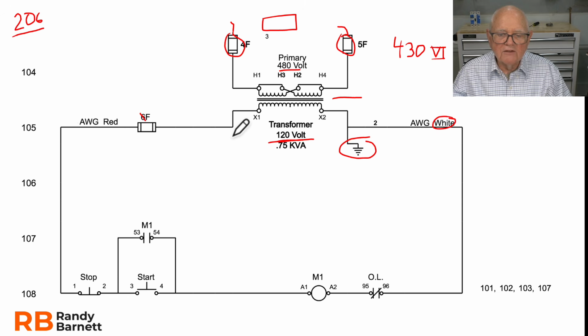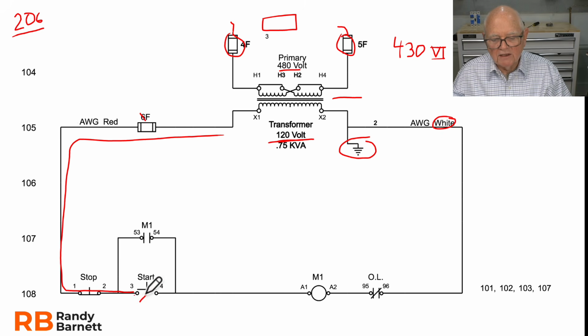Let's take a look at how this circuit works. Power comes in from the control power transformer through X1, goes on down, and goes through the normally closed stop push button. When I hit the start push button and close the start push button contact, that allows power to flow to where? The A1 and A2 terminals on the coil in my motor starter, not the motor, but the coil.